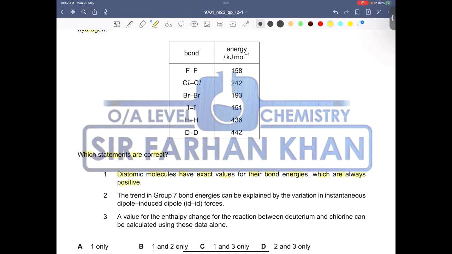So bond energy is always endothermic. So this part is correct. And obviously, these are the diatomic molecules, which means there is no other element, so these are the exact values. So statement 1 is correct.